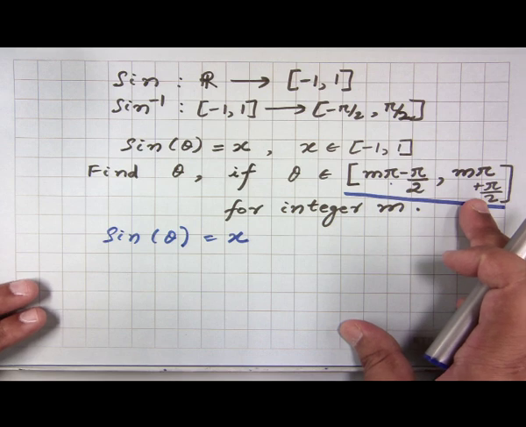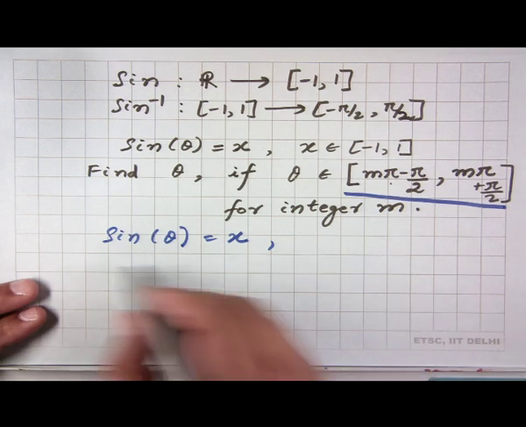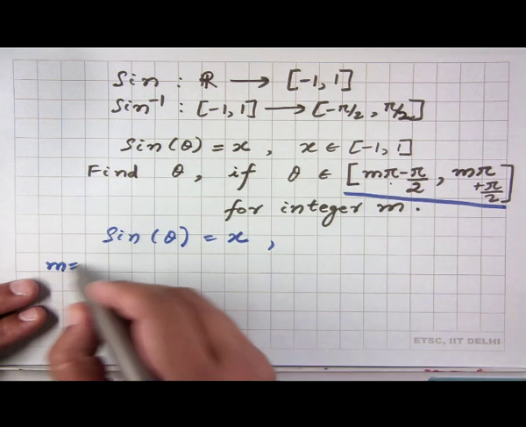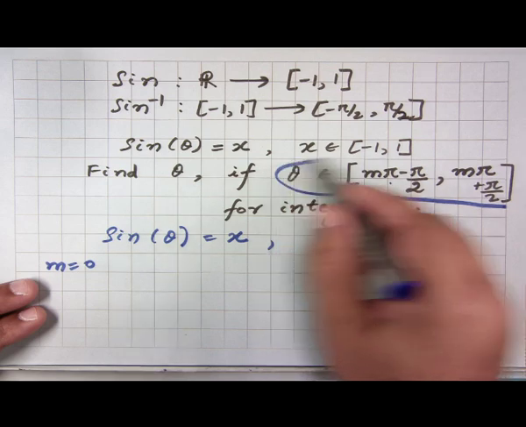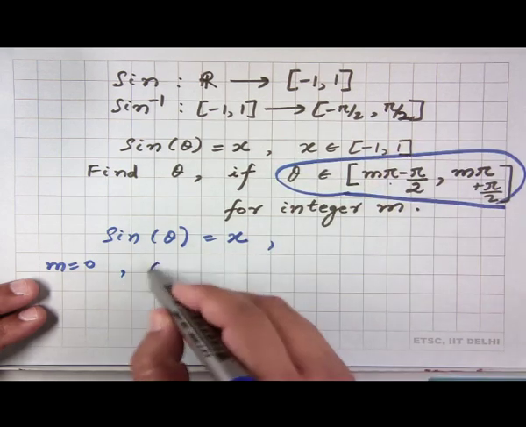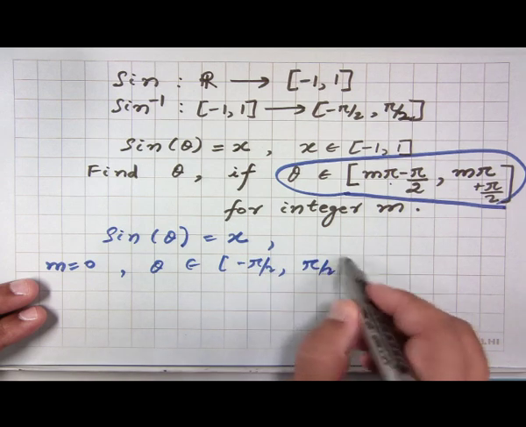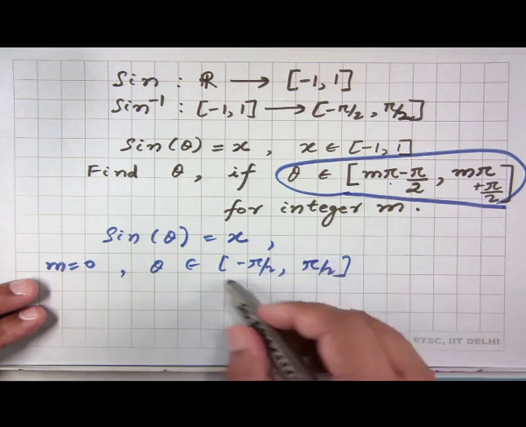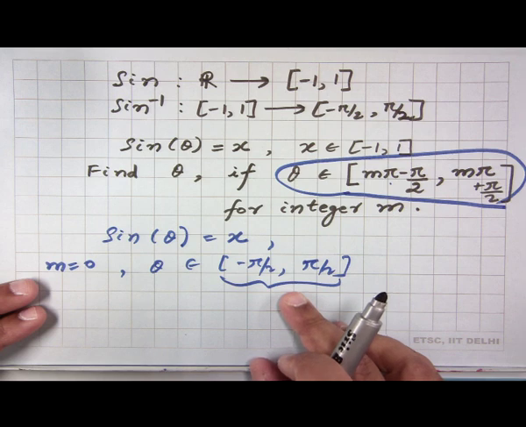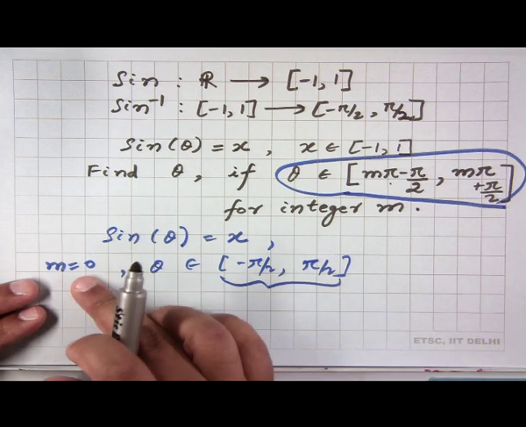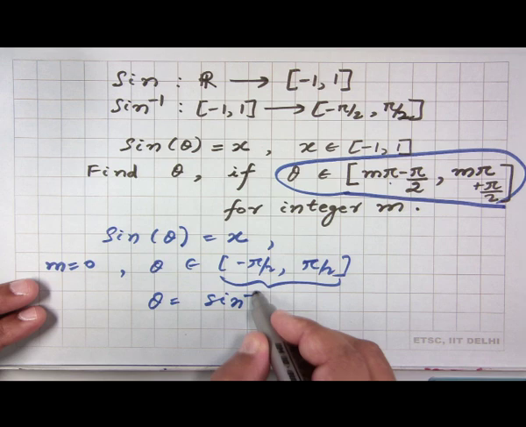Of course, if we take the special case of m equal to 0, then this constraint translates to theta belonging to -π/2 to +π/2, and this is the range set of sine inverse. Therefore, for the special case of m equal to 0, the solution is very easy: theta equals sine inverse x.